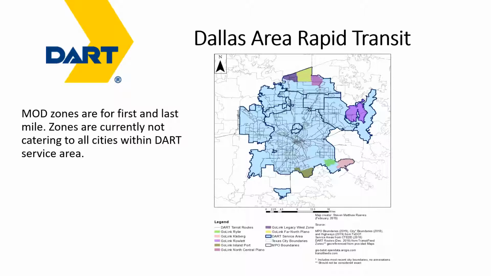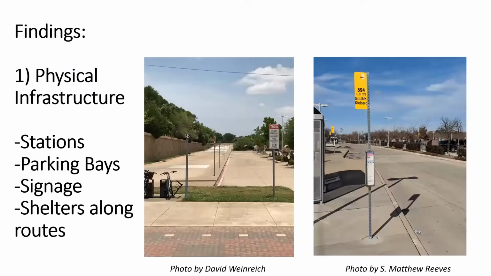It's hard to point it out here on the webinar, but the areas that are green and purple and pinkish are areas that are served by this on-demand public transit service that is offered by DART through a contract with a private provider.